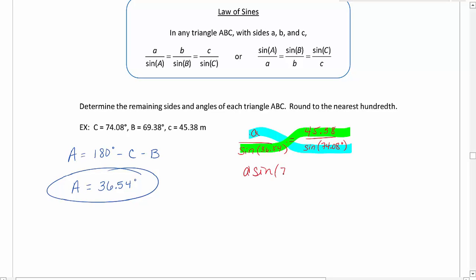A sine of 74.08 degrees is equal to 45.38 times sine of 36.54 degrees. To solve for A, we'll divide.